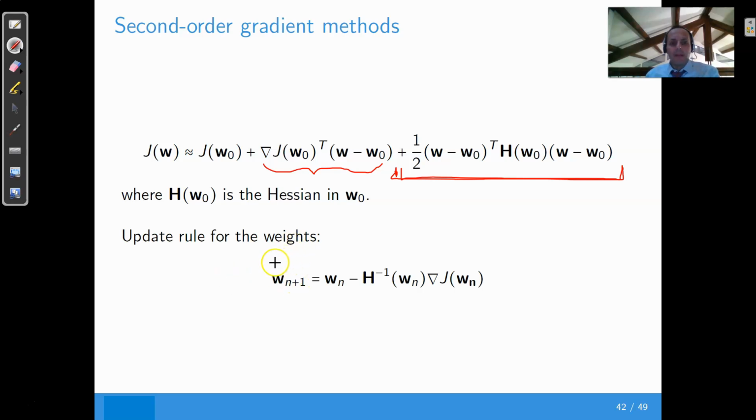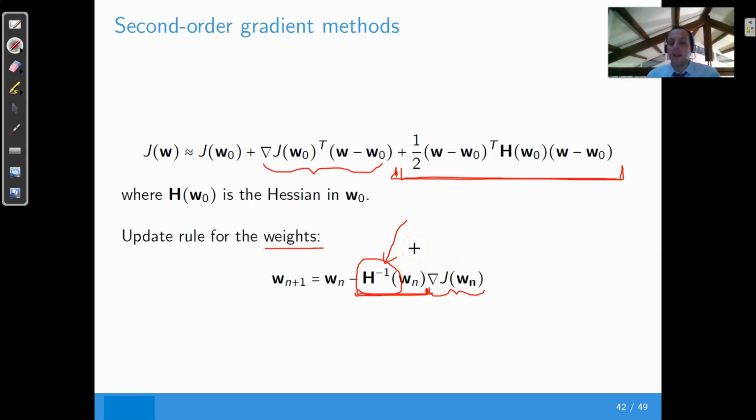The problem is that a second order gradient method includes not only the computation of the gradient, but also the computation of the second derivative, and the inversion of this matrix.